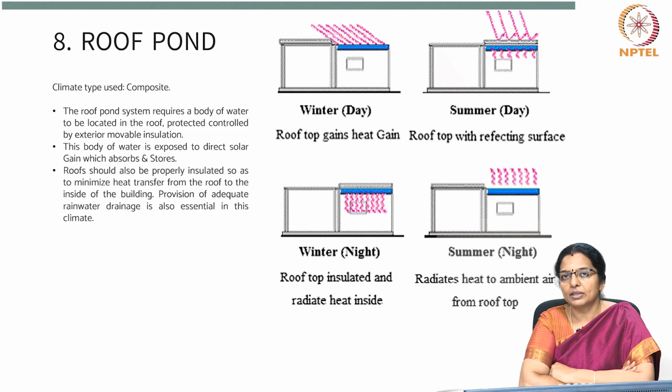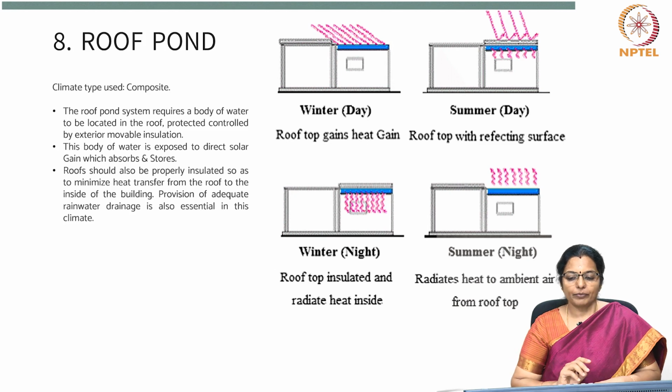At night, because the night sky is cool, the water releases its heat, which means the water has a lower temperature, and with the cover the water body is closed during the day, and therefore the cool water retained on top of the roof helps in keeping the indoors cool. So, this is how a roof pond system operates.